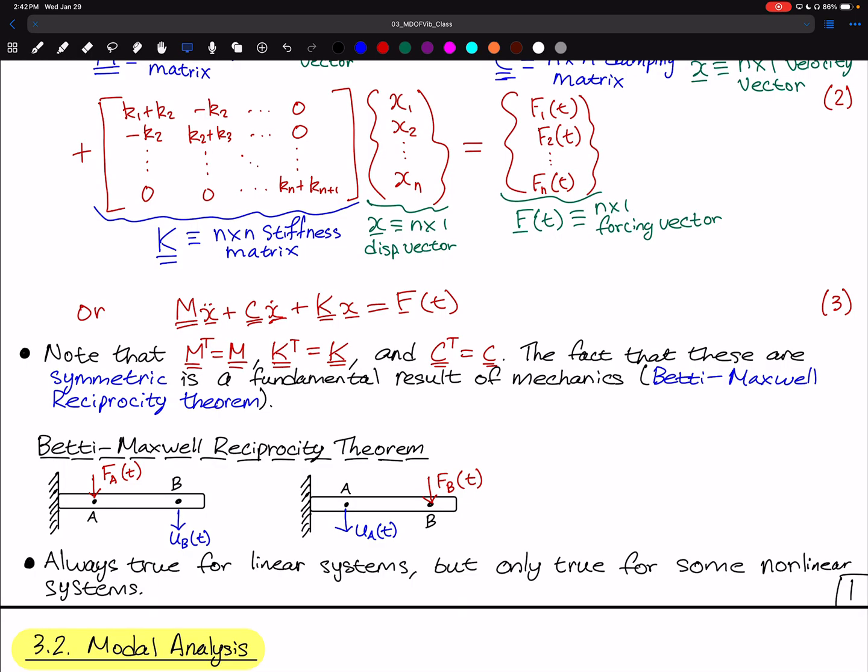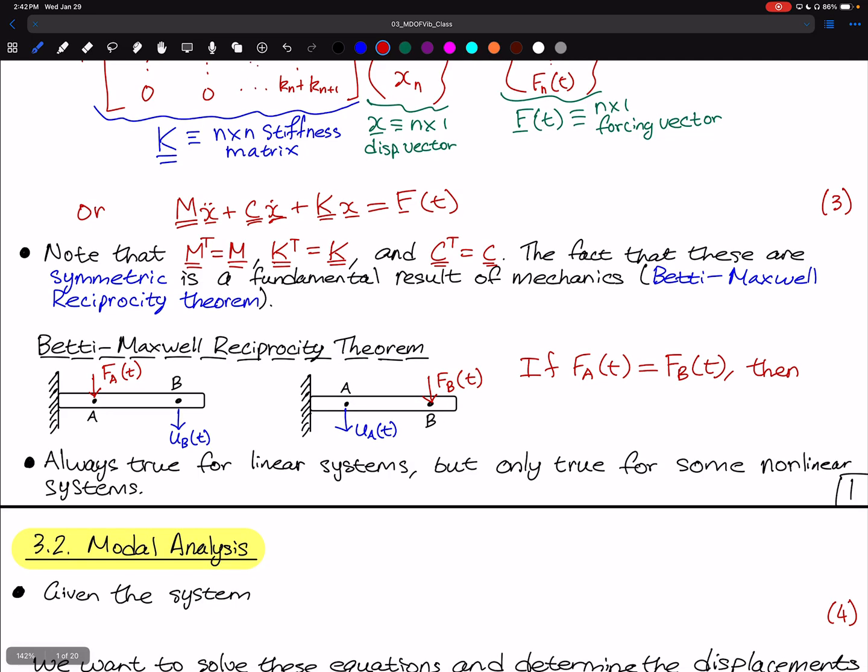And then we'll consider the opposite case where we force at B and then we measure at A. And in that situation, provided that Fa of t is equal to Fb of t, then the displacements UA of t will be equal to UB of t.